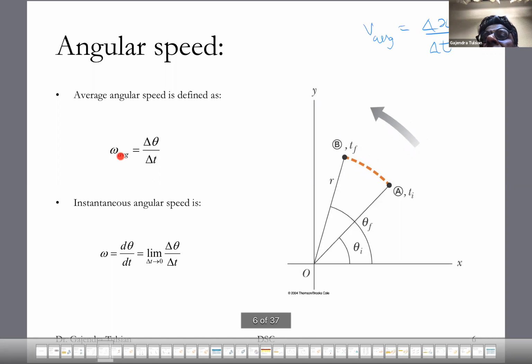Angular velocity is denoted by omega, and that's angular displacement divided by time. And of course, we are interested in instantaneous angular velocity, which is the limit of average velocity in the limit delta t going to 0, and that's given as the time derivative of the position as a function of time.